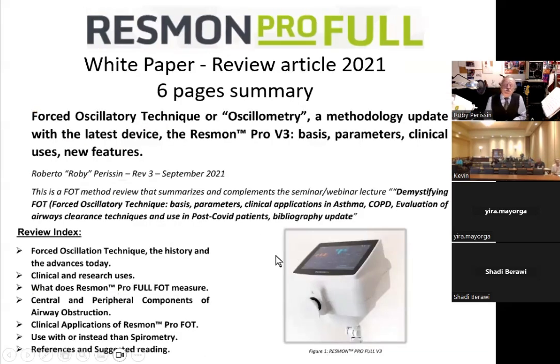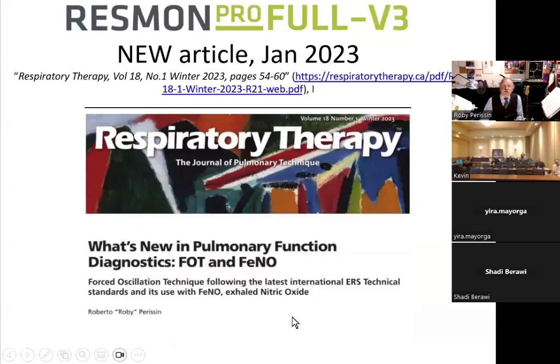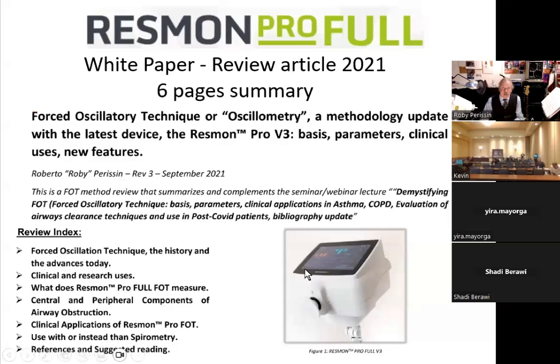I have written a great review, a couple of years ago, that was published in one of your magazines, which is called Respiratory Therapy for the Therapist. It's a review in 6 pages of everything that I spoke about today. So the technique and the clinical research uses, in 6 pages.